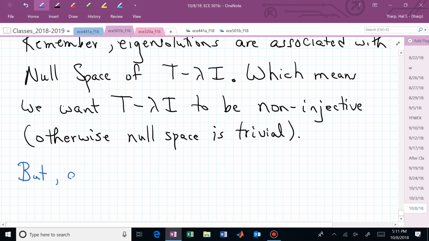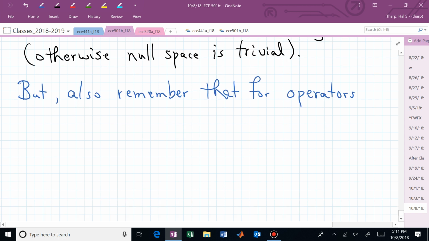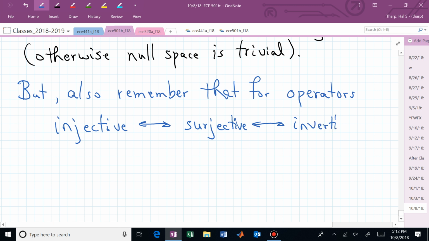So now also remember that for operators, injective if and only if surjective if and only if invertible.